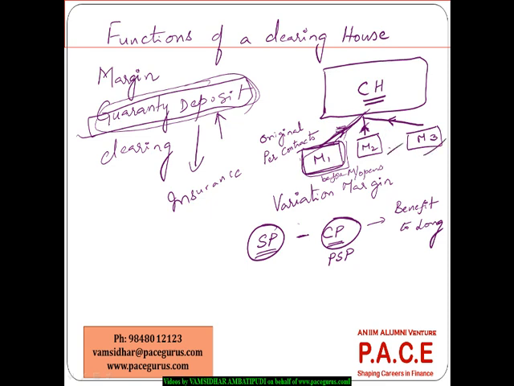So there is a guarantee deposit that needs to be deposited by the clearinghouse members with the exchange, to protect against any kind of defaults of any of the members that happen during the period.